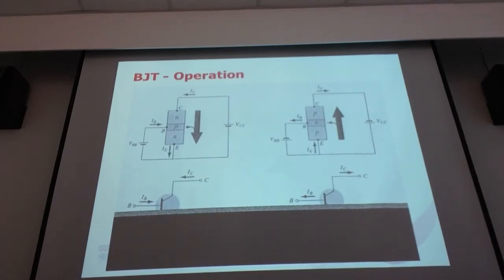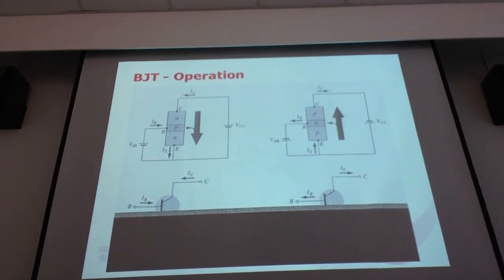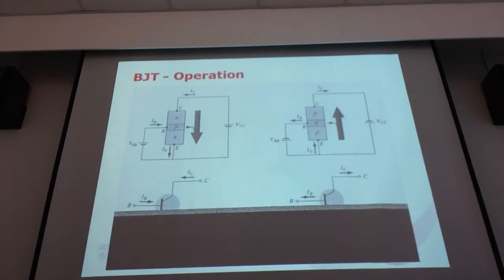I have a question. For the VCC, why is positive attached to the collector in this case? Because VCC is a voltage you will collect. Or actually, not the external applied. Yes.